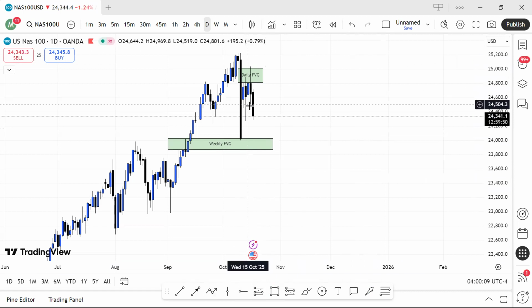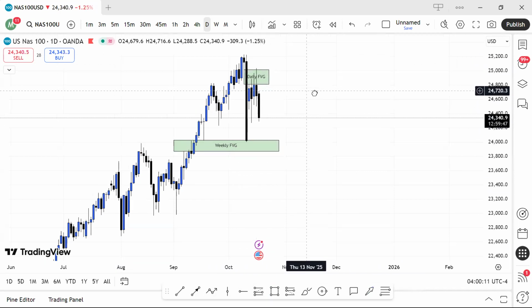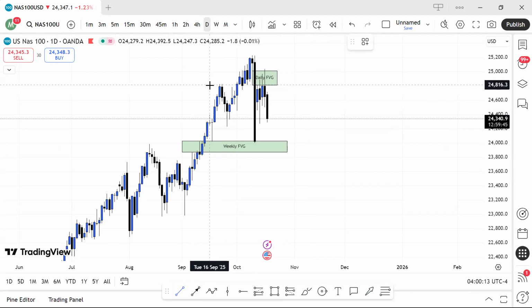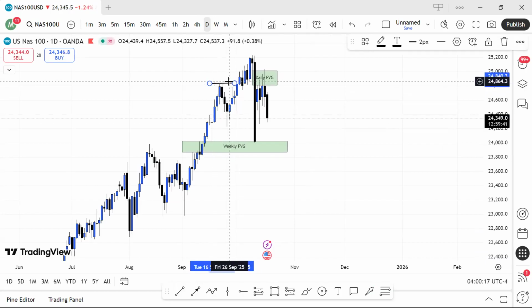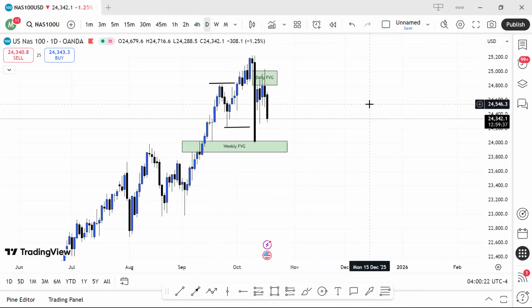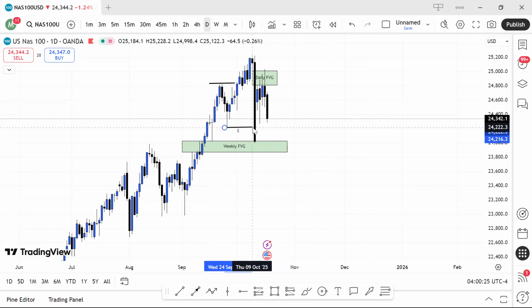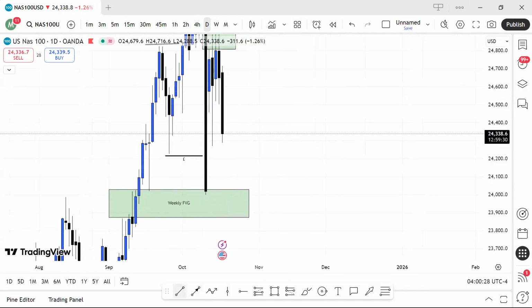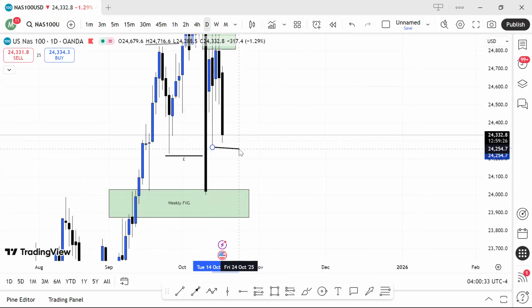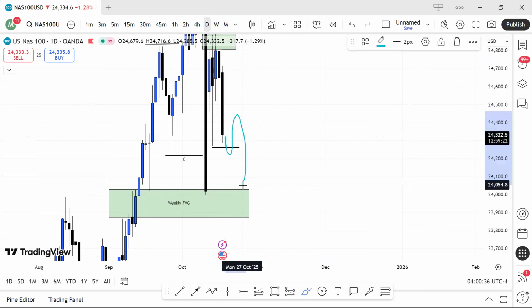So we are selling from that point of interest after market took out these highs at the same time with these lows as well. So then we are expecting a bearish pullback. So the market is typically targeting these lows here.